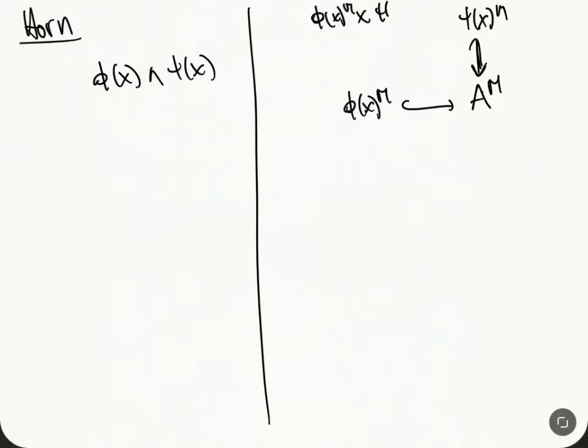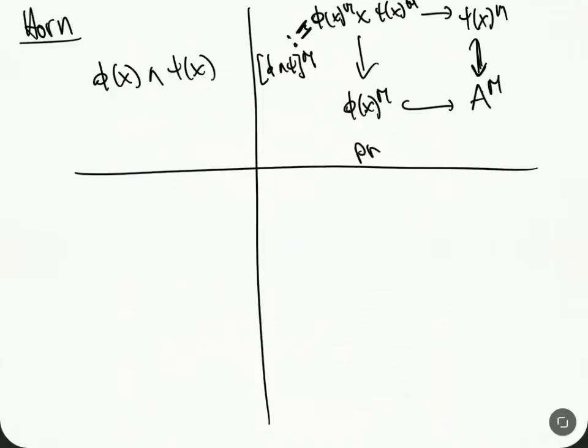So here, phi cross psi of x to the m. By definition, this is the fiber product of two, or the intersection of two sub-objects. So phi and psi of m is defined to be this intersection. So this uses fiber products.